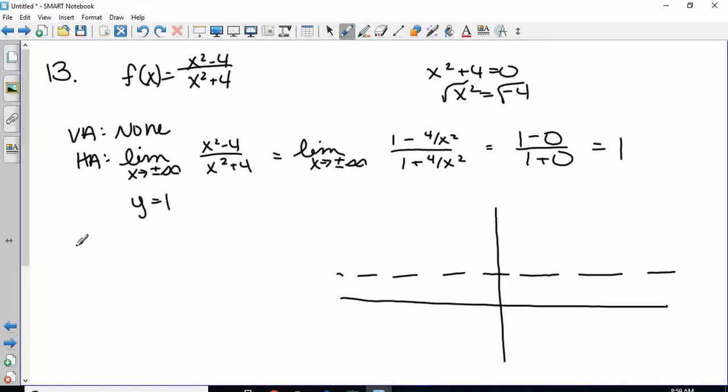All right, next thing I asked for, critical points. What are critical points? We're in trouble. What's a critical point? How do I find them?